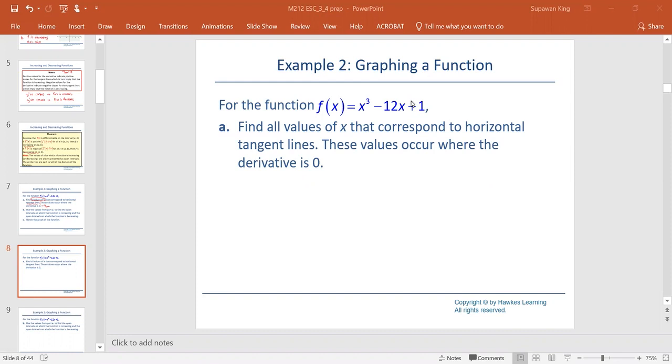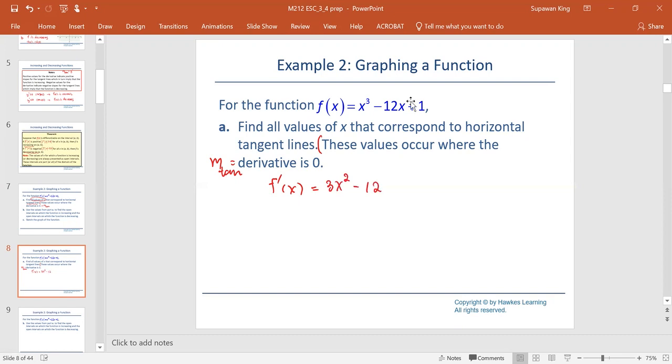Part A, we find all values of x that correspond to horizontal tangent lines. These values occur where the derivative is 0. We recall the derivative is the slope of the tangent line. First of all, we find f prime, or the derivative of the function f. Apply the power rule. We get 3x squared minus 12.